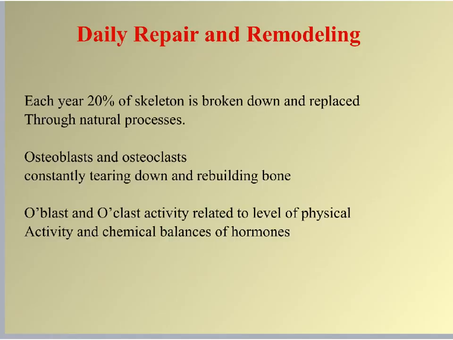Okay. And then lastly, for part 2 of the skeletal system lecture, I've kind of already alluded to this as we've gone along, but remember that bones are living tissue, and bones are constantly growing, being damaged, and repairing themselves or remodeling themselves. So every year, about 20% of your skeletal system is broken down.